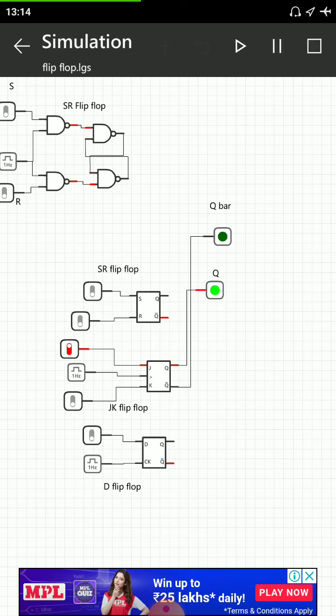When J is high, stable state Q is there. If I made J 0, you can see I have made J 0, but Q is still high. Okay, input is stored.